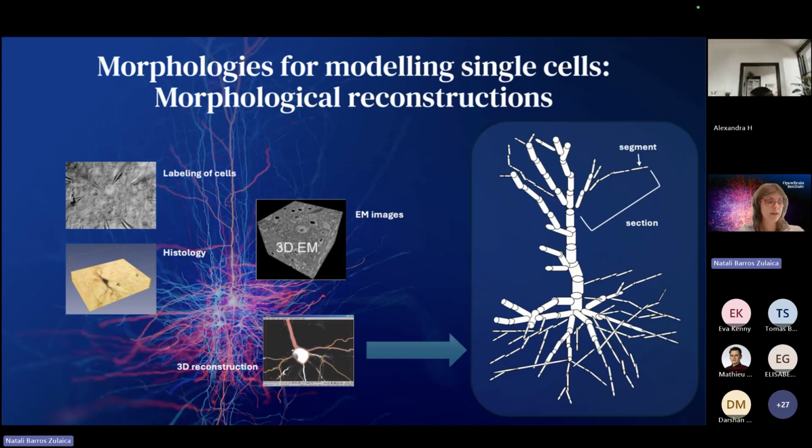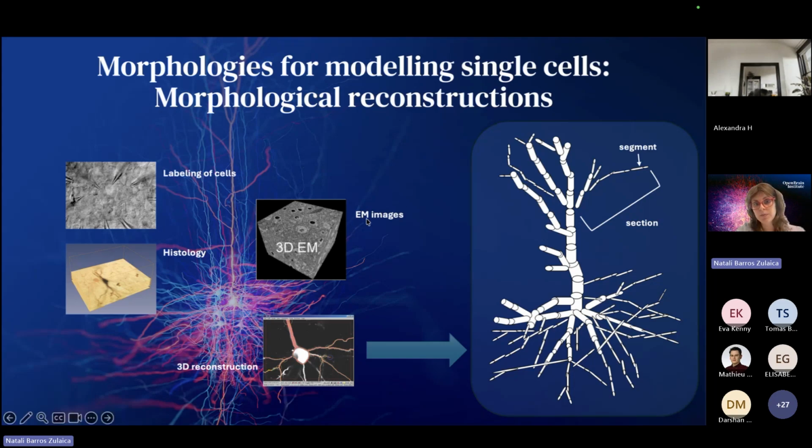In the lab, after some steps for preparing the tissue, sometimes experimenters label the cells that they want to study. They target them, they can stain them, they can use viruses. There are different techniques. After that, they slice the brain, take pictures, and then study this set of pictures.